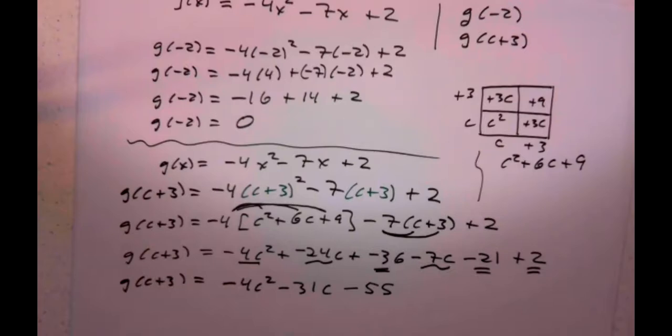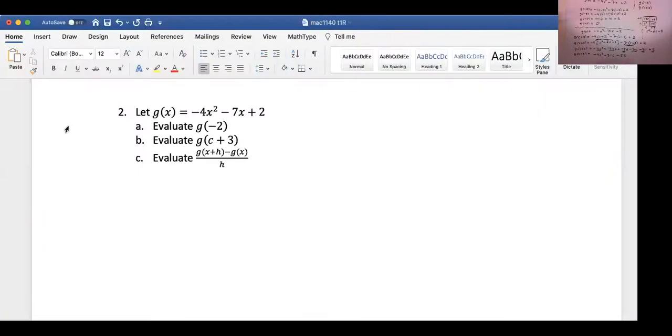And I believe there is one more question here for us to do. g of x plus h minus g of x, over h. So again, what is g of x? It is negative 4x squared minus 7x plus 2.